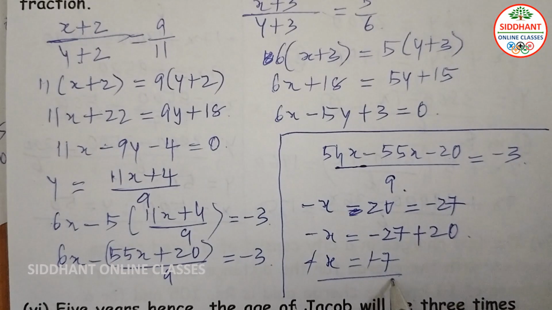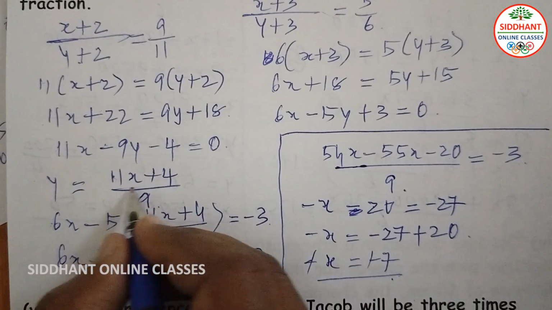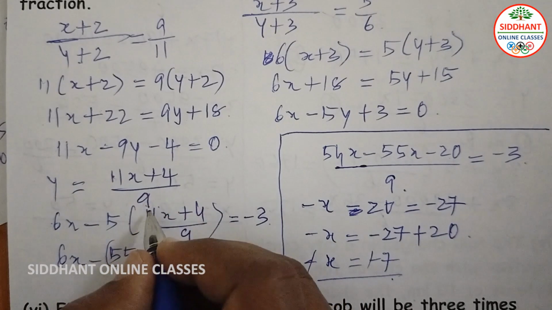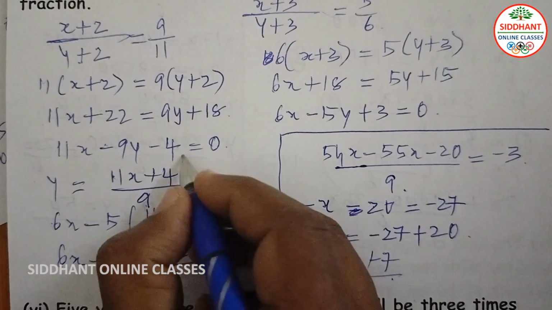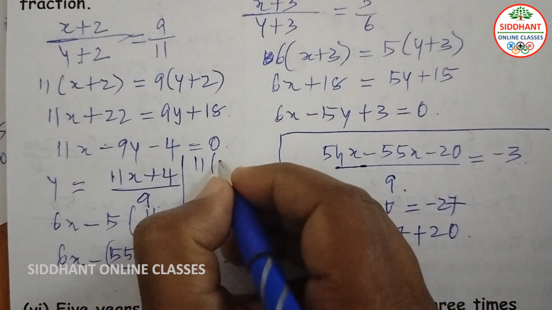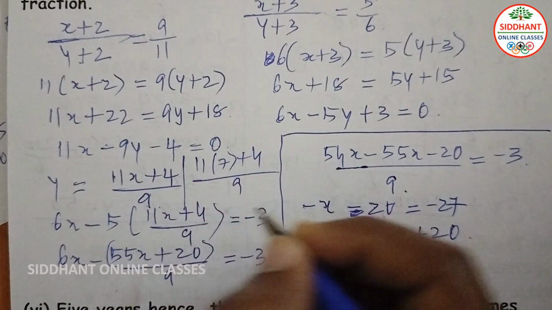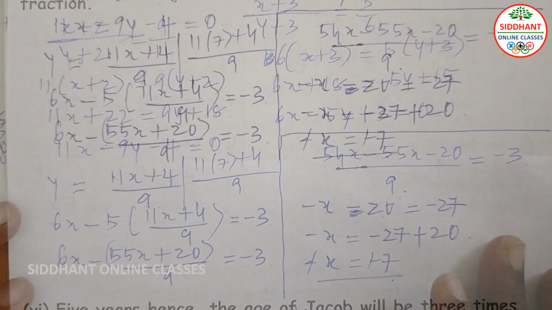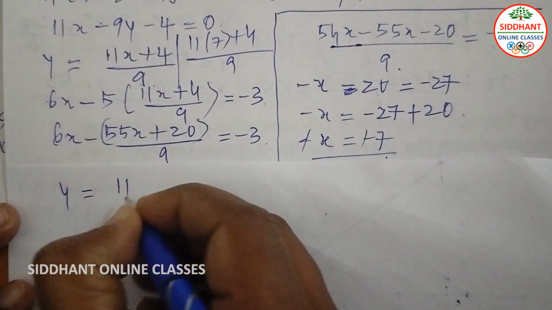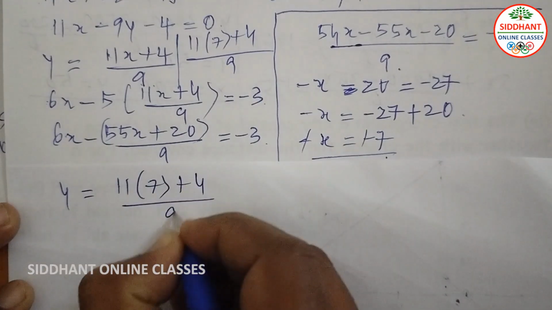So when x equal to 7, we are going to find the y value. So y value we know 11x plus 4 by 9. So 11x plus 4 by 9, that means here 11 into 7 plus 4 by 9 here. So here y equal to 11 into 7 plus 4 by 9.